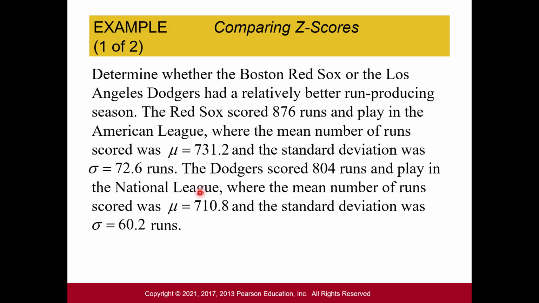The Dodgers, who play in the National League, scored 804 runs, and the mean was 710.8, and the standard deviation was 60.2 runs. So notice we're comparing two different teams in two different leagues, and we have the mean values and the standard deviations, so we can use those in our z-score calculation.